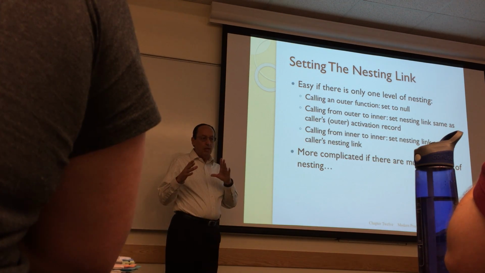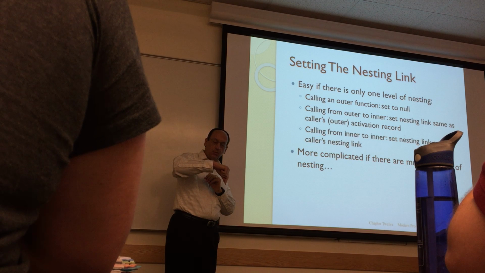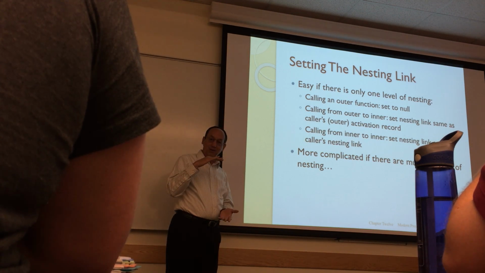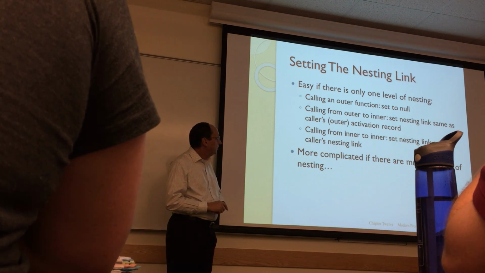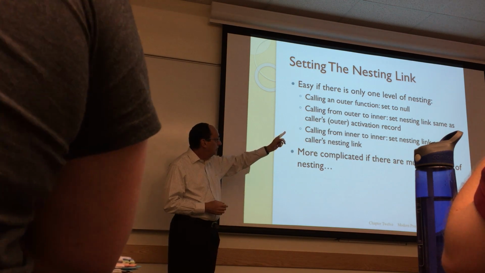If you are calling something nested inside of you, you are the activation record that it needs to refer to. And so you set the nesting link to yourself. And you're calling from outer to inner.